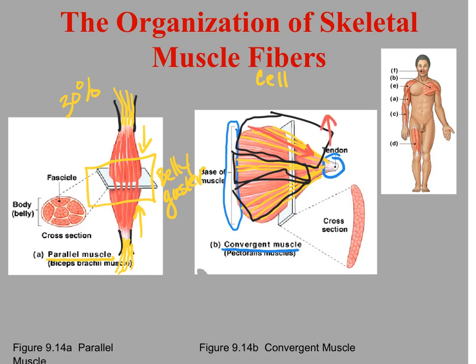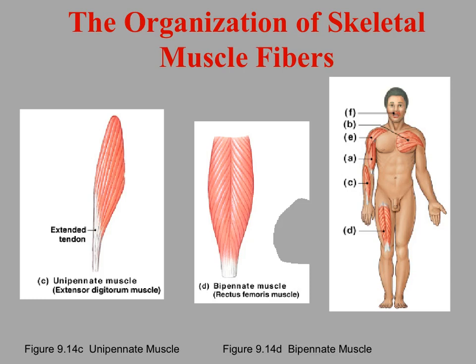If you've ever seen somebody have the ability to wiggle their pectoralis muscles, you've seen how this works. You can also then have movement in this direction towards the tendon, or movement at an angle in this direction, and that would pull the whole muscle down. So that's where you kind of get the jiggling of the pectoralis muscles. You can employ different parts of the muscle to contract independently of the other parts of the muscle. So not a huge range of motion, but you have diversity of motion there.